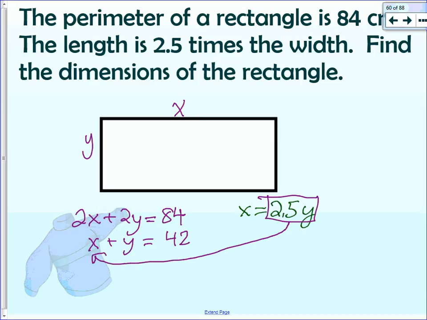So you'd get 2.5y plus y equals 42. Combine your like terms, divided by 3.5.